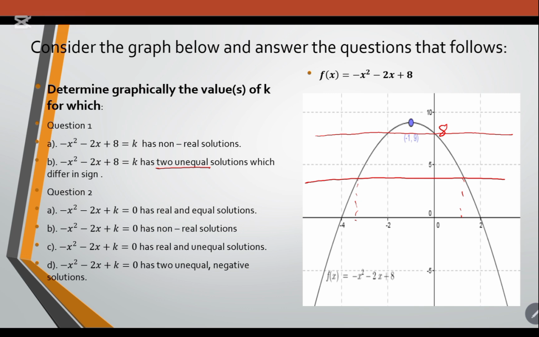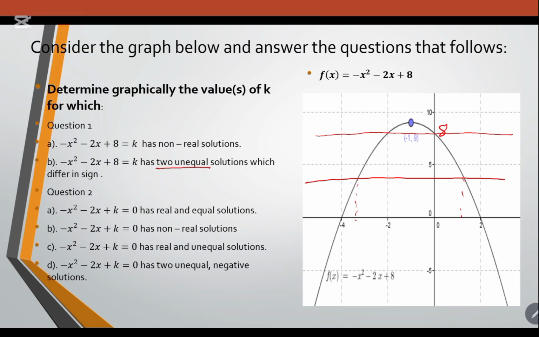and being two unequal solutions, one will be negative and the other will be positive. Because if you look at question 1b, they said two unequal solutions which differ in sign. That is why we said we're going to take the value of our constant line to be below 8.